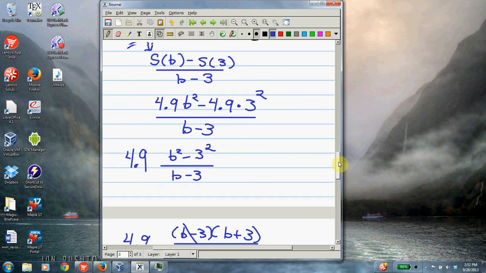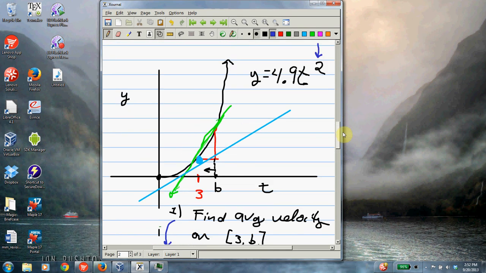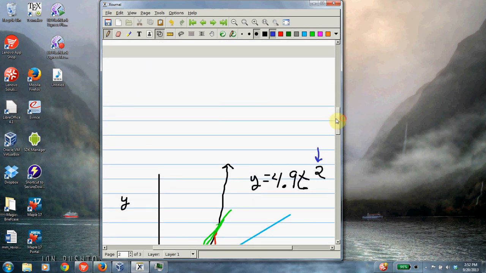But remember we have a secret way to evaluate the answer here. So the answer should also be, by using our more advanced technology, the derivative of y with respect to t evaluated at t equals 3. So using our differentiation rules, let's see if that is actually the same thing. So the 2 comes down and hits the 4.9, and that makes 9.8.